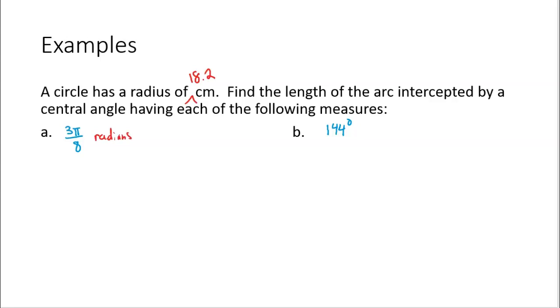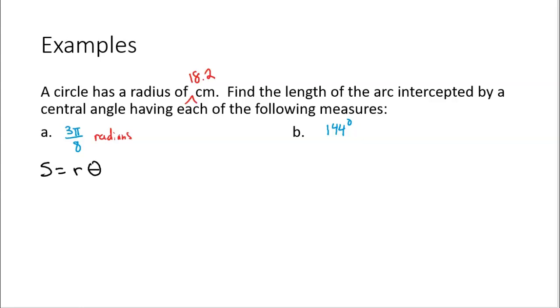If you want to try pausing the video and attempting these problems on your own, feel free. Essentially all we're doing is plugging in what we know and solving for the unknown variable. I am using this equation, S is equal to R times theta.